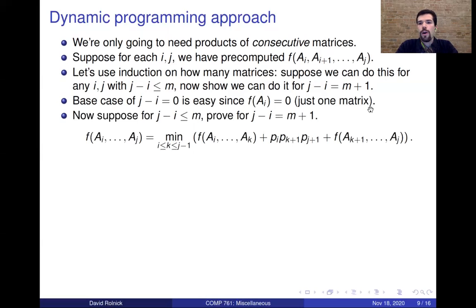Well, we know that just the same recurrence relation that we had before: the minimal number for this whole block is if we split the block somewhere, multiply those first, multiply the remaining ones, and then take the first block and the second block and multiply them together.